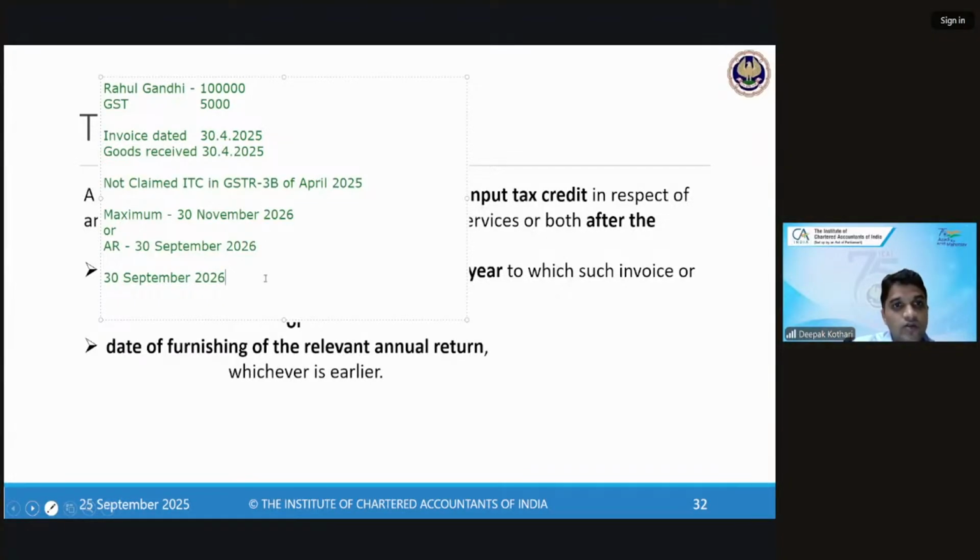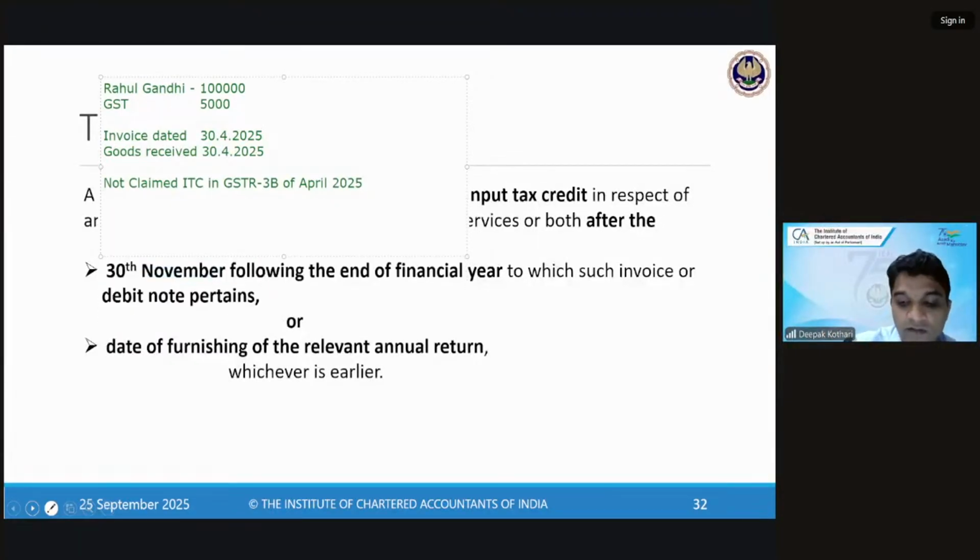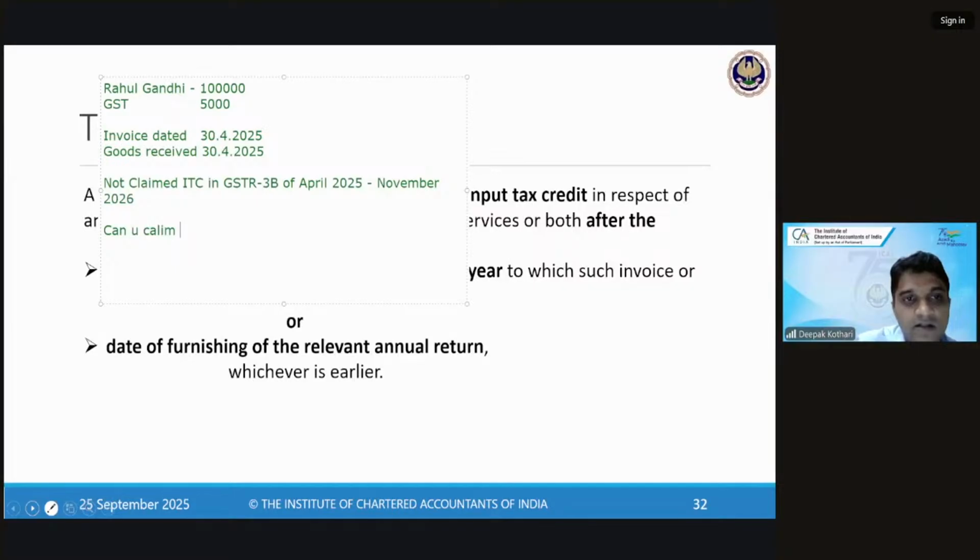Now suppose you have not claimed in April 25 till November 26, you have not claimed. Can you claim it in the December 26 return?